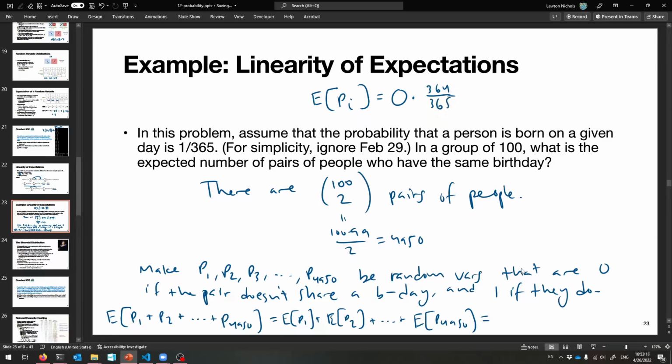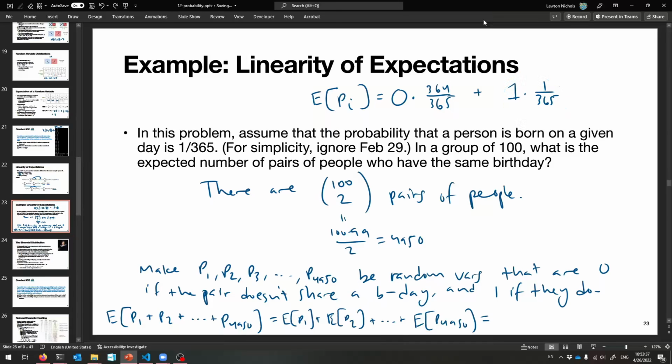Does that make sense? That's essentially what's going on here. There's only a 1 in 365 chance that they both had the same birthday, because we're picking a random day, right? So the answer is 1 there times that. This is our weighted average. So it was 0 with this chance, and it was 1 with this chance.